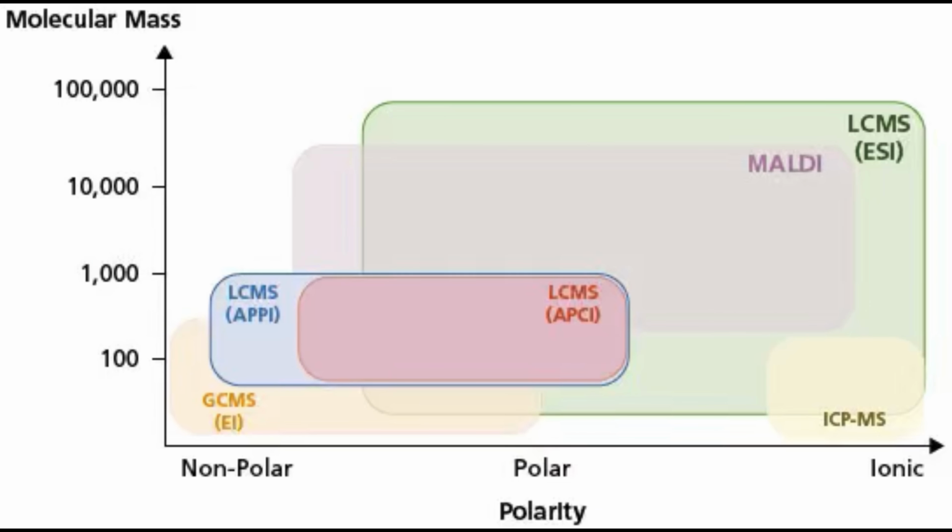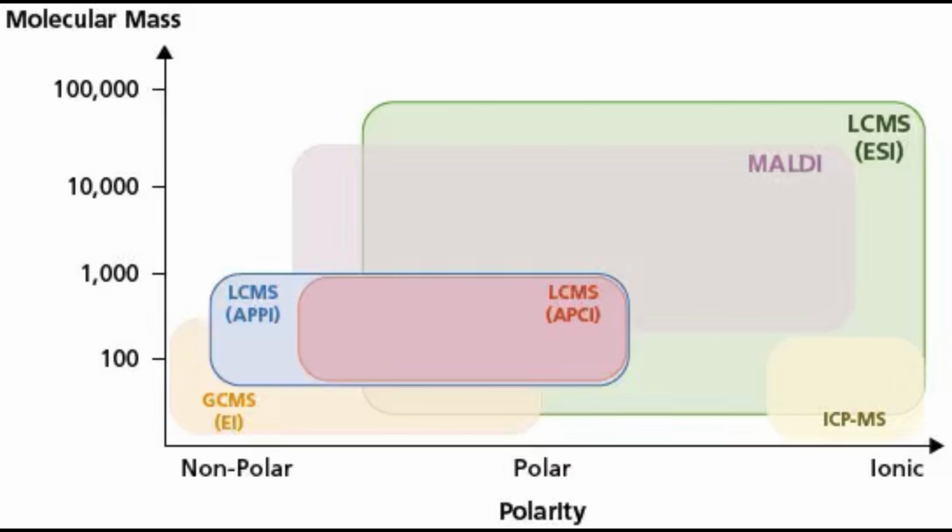In this picture, you can see the applicability ranges of these techniques. We can see a chart with molecular mass on the vertical axis ranging from 100 to 100,000 Daltons and polarity on the horizontal axis from non-polar through polar to ionic.